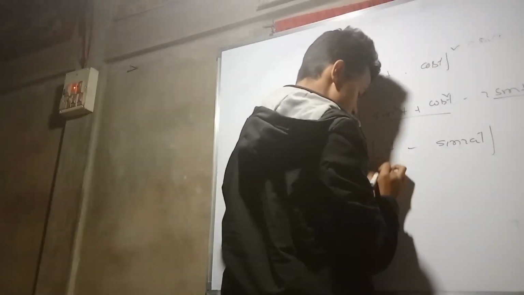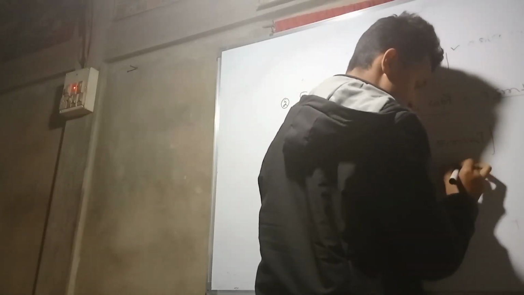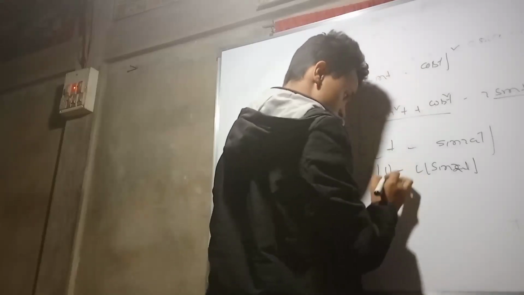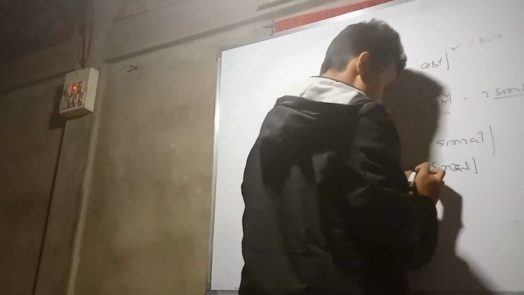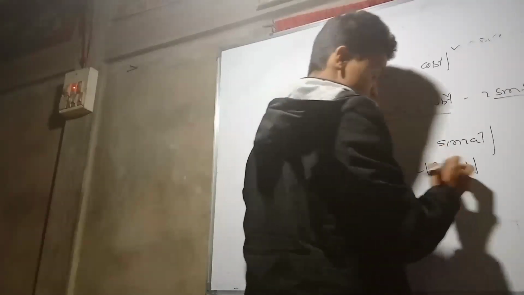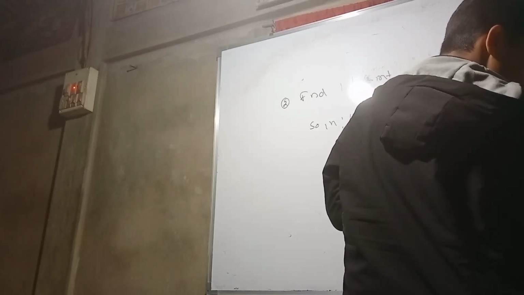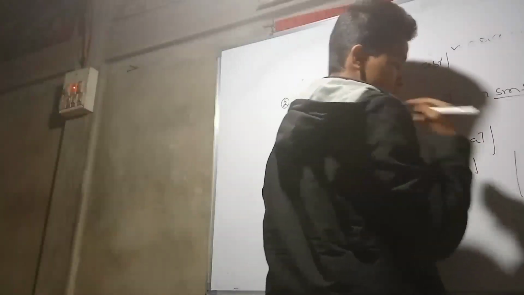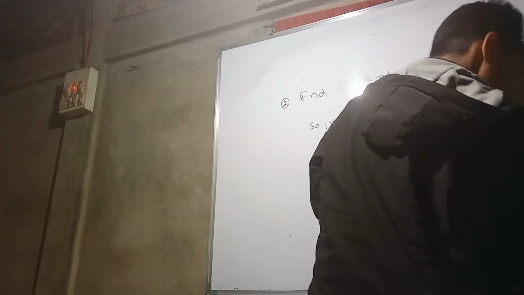So by using the linear property, Laplace transform of 1 minus Laplace transform of sin 2t. So what will be the value of the Laplace transform of 1? Now what is the Laplace transform of sin at? Do you remember? Laplace transform of sin at is a by s square plus a square.